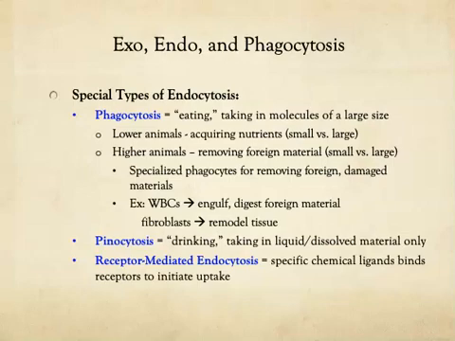There are even cells in higher eukaryotes called fibroblasts that perform phagocytosis. Fibroblasts are sometimes tasked in a cell with remodeling tissue. In other words, after tissues are injured, and after the healing process has occurred, sometimes the tissue needs to be remodeled.